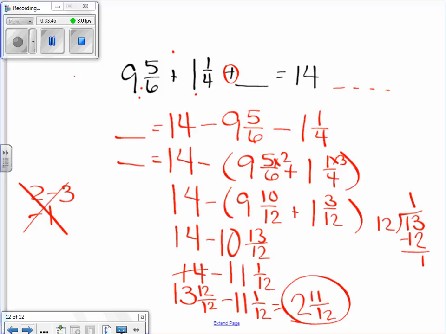And then you do the same thing here. And then you just do the rest of it and you get 35 twelfths. And then if you divide, you get the same answer. So you can make it improper and then at the end you have to make it mixed again. Yeah. It's right.